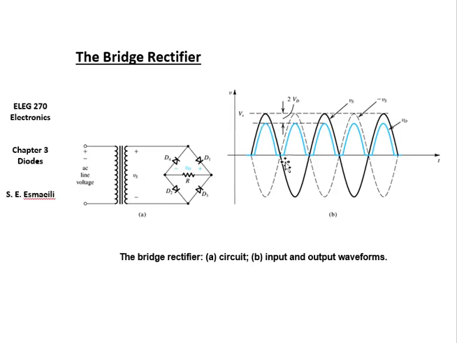Imagine we're in the positive cycle. We're in the positive cycle, so here is positive. It's positive, so which of these diodes will pass? Of course D1, because for D2 and D4 the direction is going to be against the direction of the arrow. So D1 will pass, then it reaches this junction. Which one does it choose? Here there is a diode against the direction, so it's not going to pass.